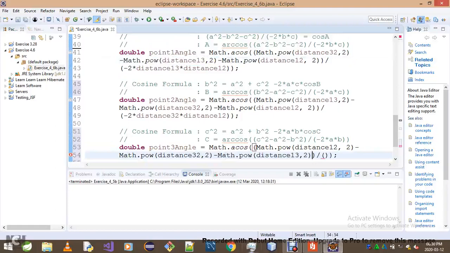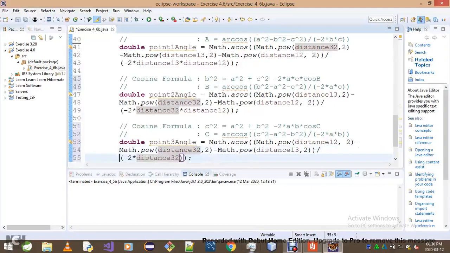With that out of the way, we're done with our numerator. Now we go minus 2 multiplied by, what is our A? Our A is distance 3, 2. That's our A. Let me go to the next line again. Lastly, multiplied by, what is our B?